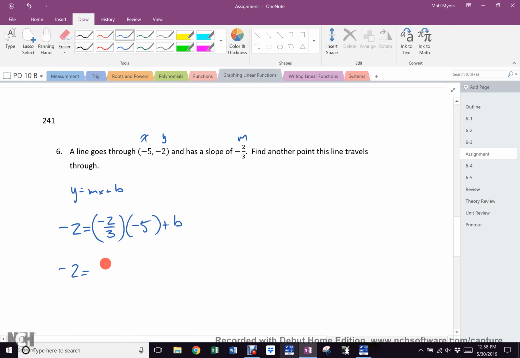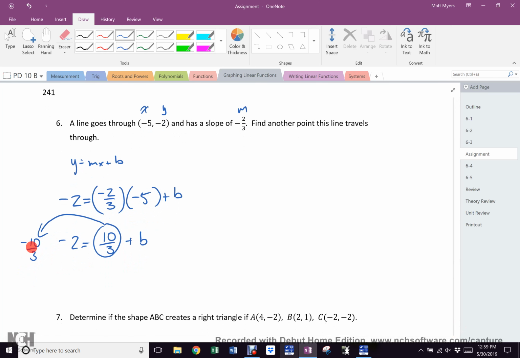Negative 2 equals 10 over 3, because negative 2 times negative 5 is positive 10/3, plus B. Now what has to happen to that? It's got to come over here and become what? Negative 10/3. Now, a great many of you have trouble with this as a fraction.